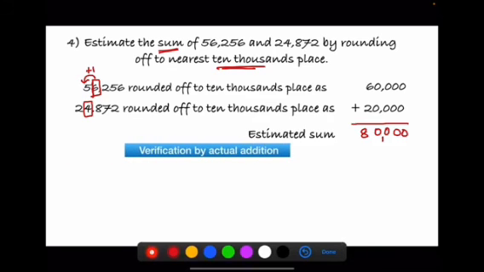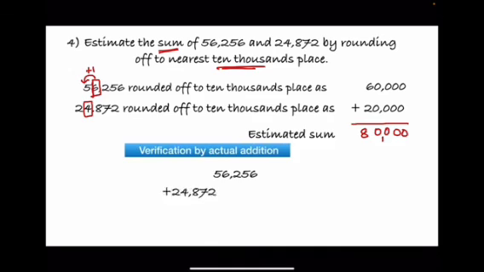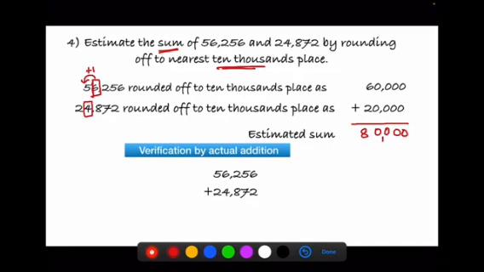Now verification by actual addition. We have two numbers, 56,256 and 24,872. We will have to add, and to verify: 6 plus 2 is 8, 5 plus 7 is 12, 8 plus 2 plus 1 is 11, 4 plus 6 is 10 plus 1 is 11, 5 plus 1 is 6, 7, 8.